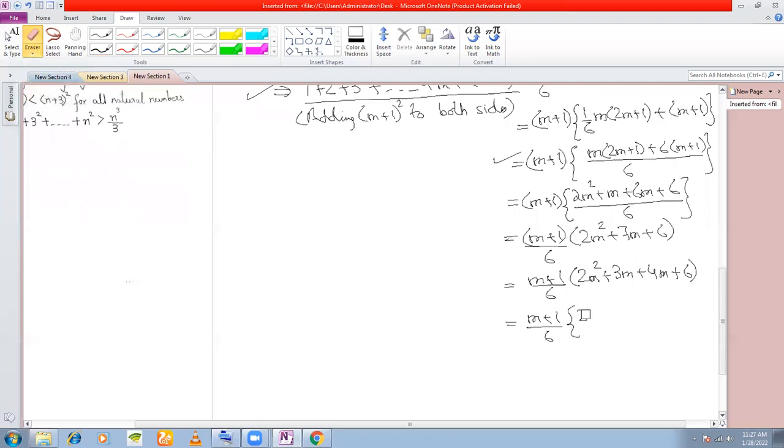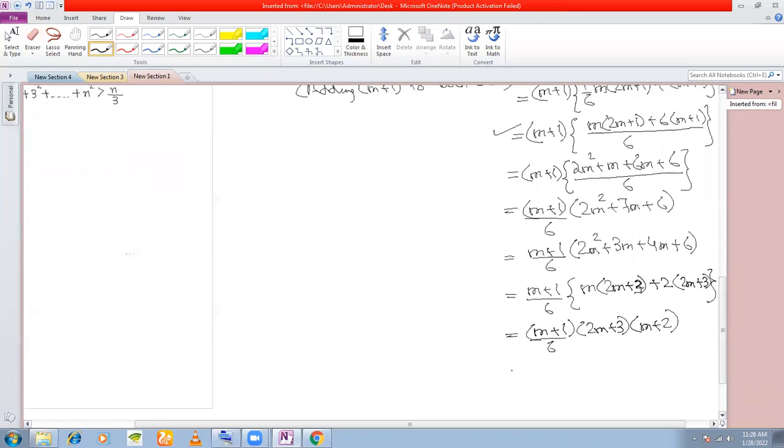You can take m common from the first two. And here you can take 2 common. This is 2m plus 3. So you're getting (m plus 1) by 6 into, and this can be written as (2m plus 3) into (m plus 2).